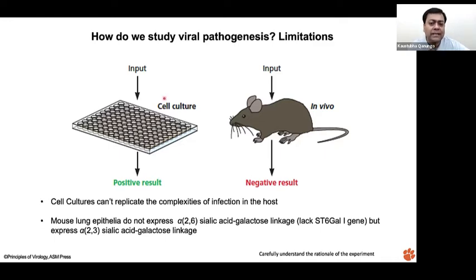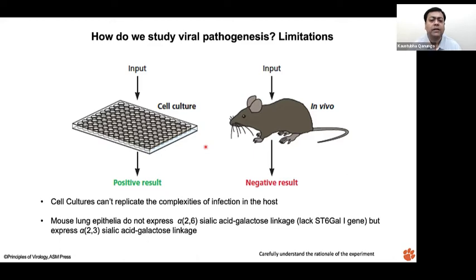In cell culture, there is no immune system, and the viruses can replicate in some of those cells. But when you put those viruses in an animal or even in human beings, you cannot replicate those results. So it's very, very different.